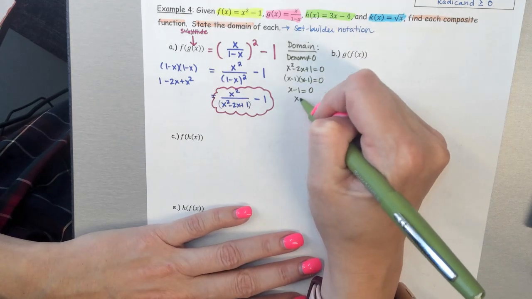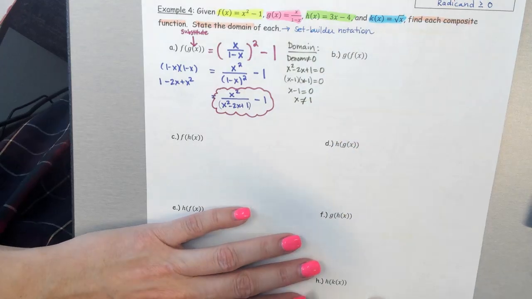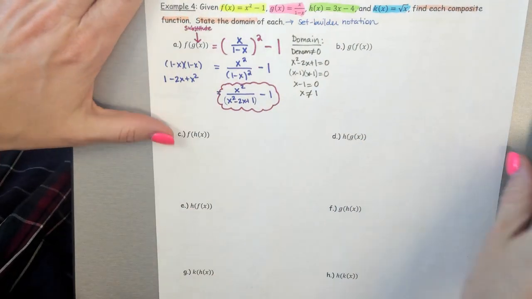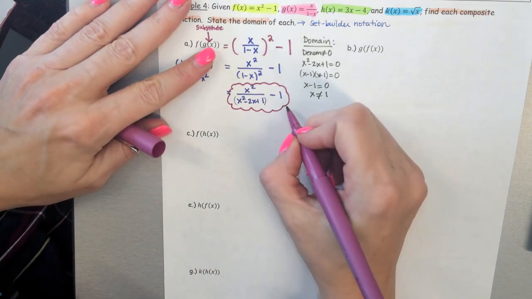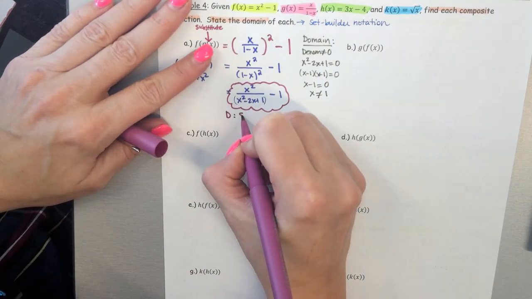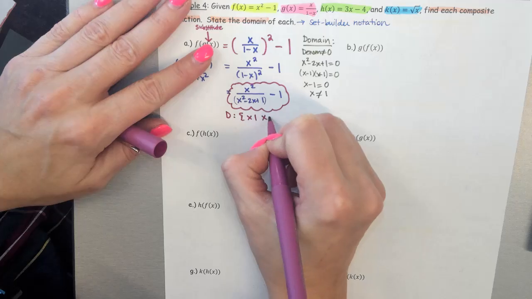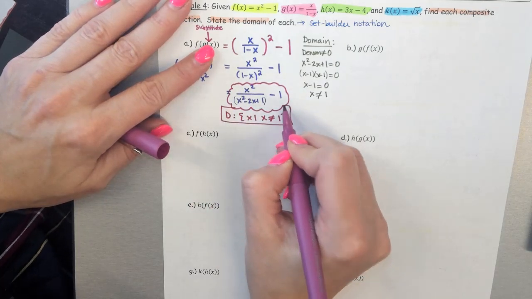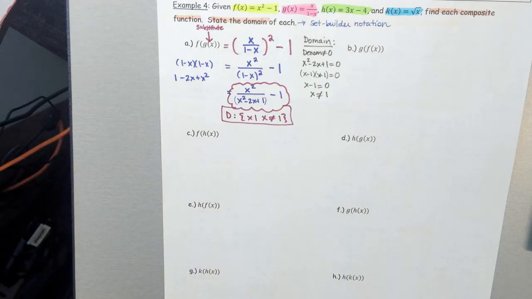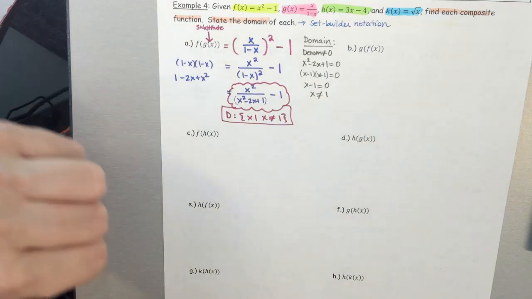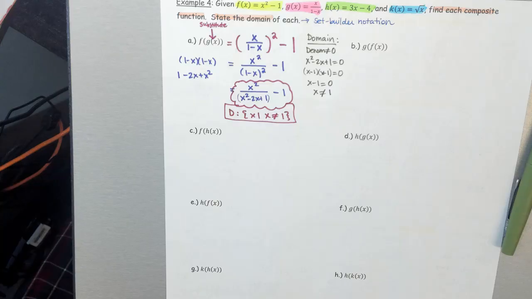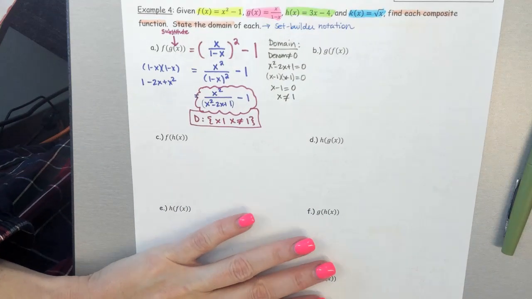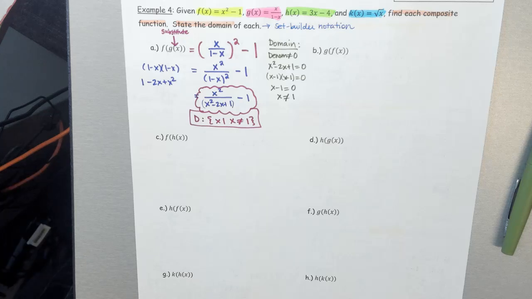Okay, and then your x value cannot be 1. Okay, so then your domain is just going to be x such that x cannot equal 1. Okay, if you were to plug 1 into the denominator, it would make it 0. So we have to exclude it from the domain.